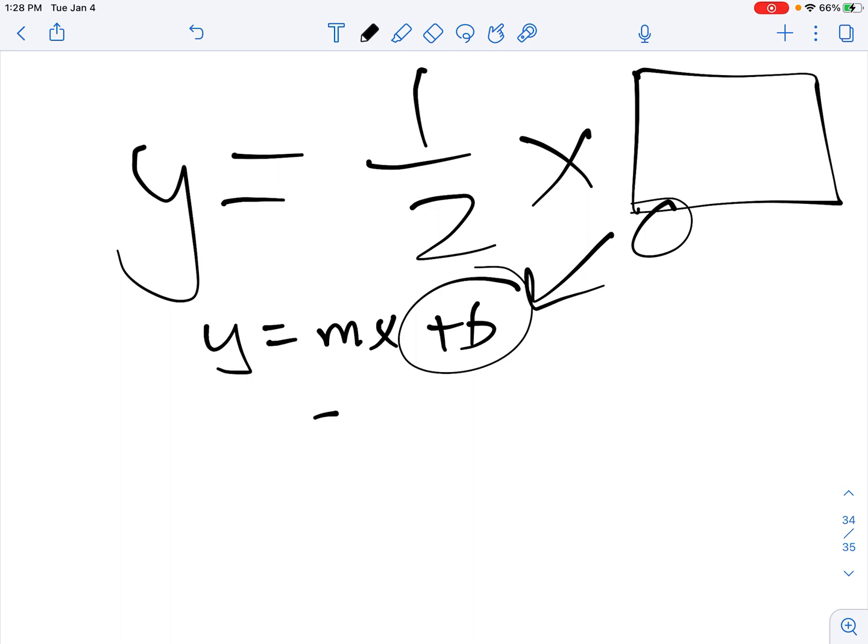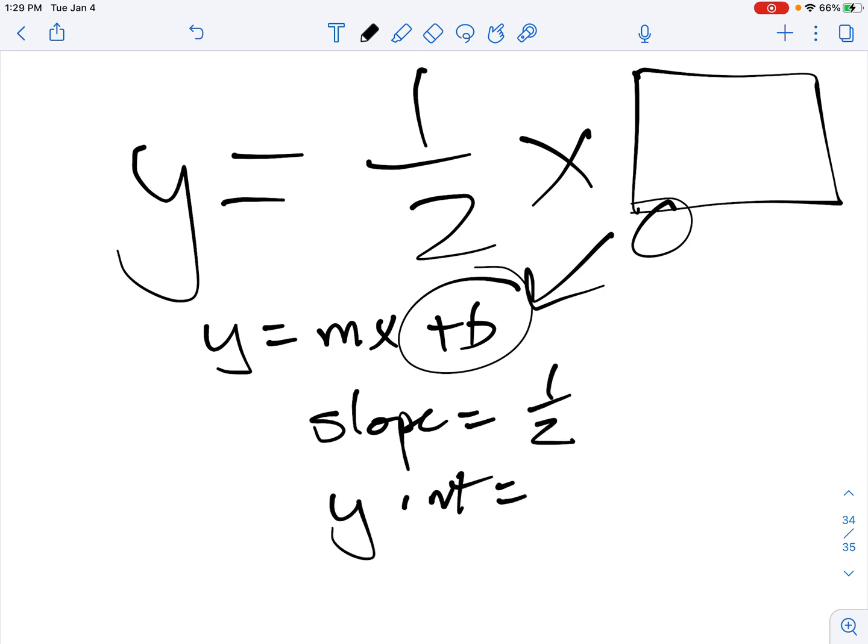So in this case, your slope would be 1/2, and then your y-intercept, because there's nothing written down, would be 0. So it's kind of like the last problem I went over with you, but instead of the slope being 0, the y-intercept is 0.